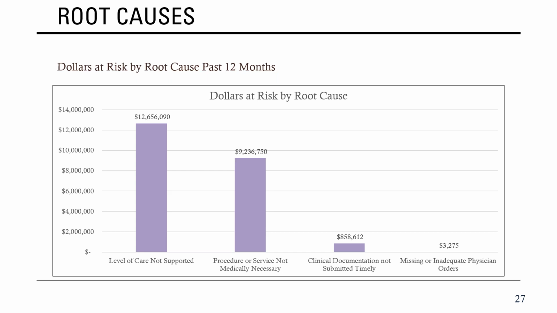And maybe that's just a small number of dollars at risk, and maybe you're not going to pull out a full-on campaign to start making sure you have your physician orders appropriate. Maybe your performance improvement is going to be focused more on getting that documentation to support the level of care corrected, because that is where you're leaking the most number of dollars.